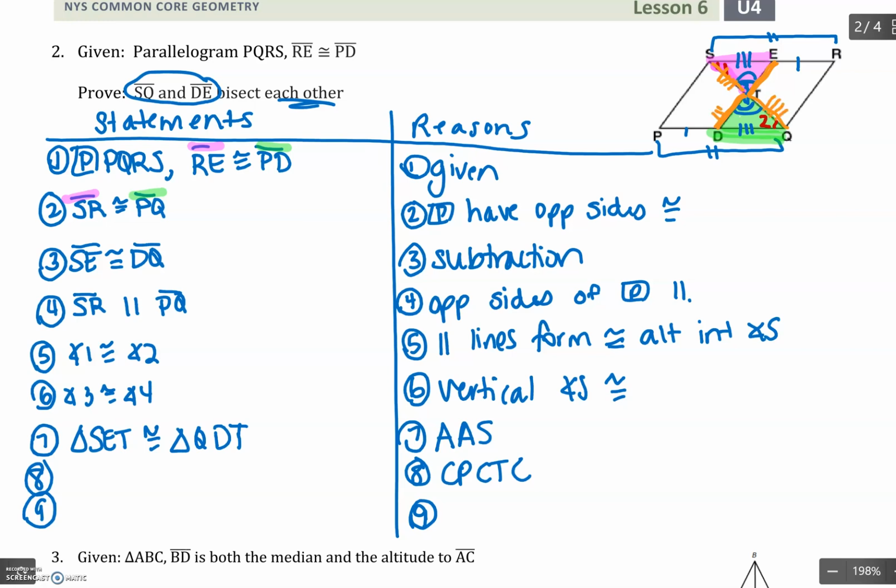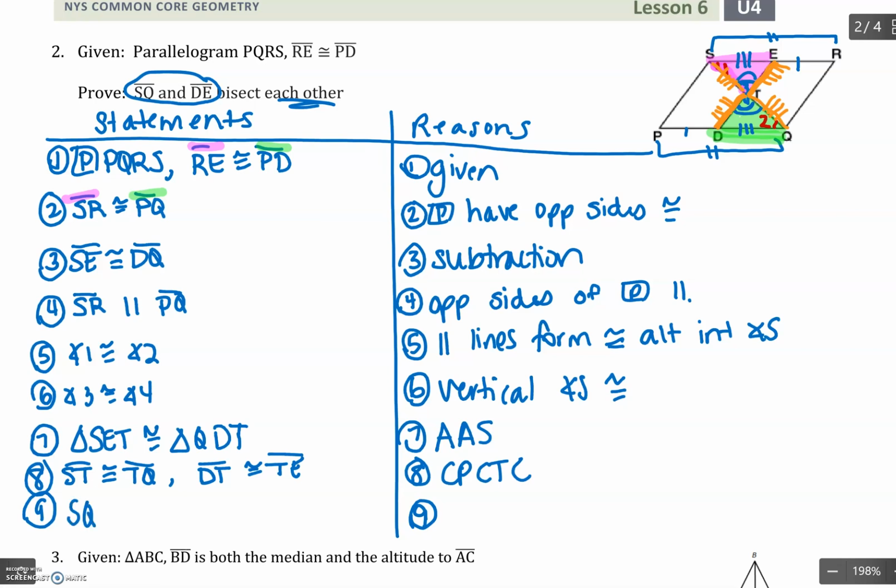This pair and this pair. So many tick marks, it looks like a comb. All right, so I'm going to use CPCTC to say ST is congruent to TQ and DT is congruent to TE. That way, I'll be able to say all these pieces are congruent.